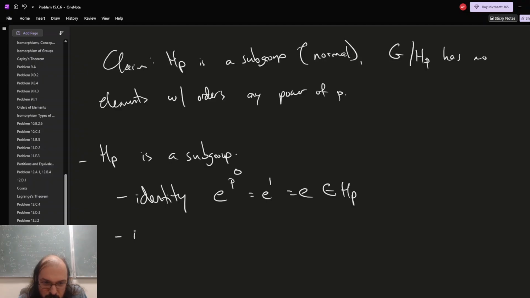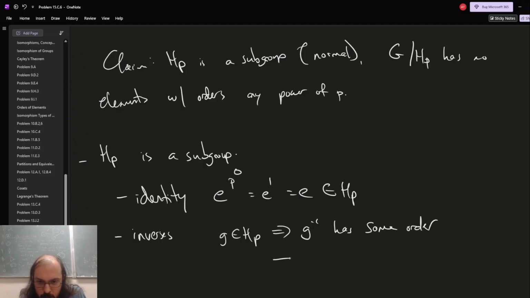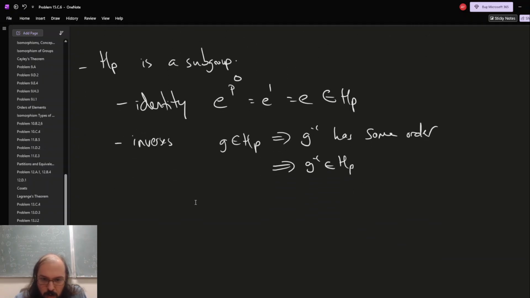We need inverses, but if g is in H_P, then g inverse has the same order, which is the same thing as saying g inverse is in H_P, right? This is some kind of power of a power, and if it works for g, it works for g inverse.